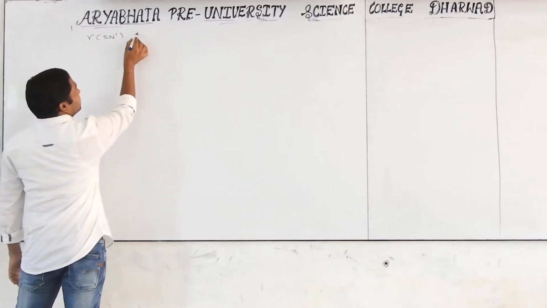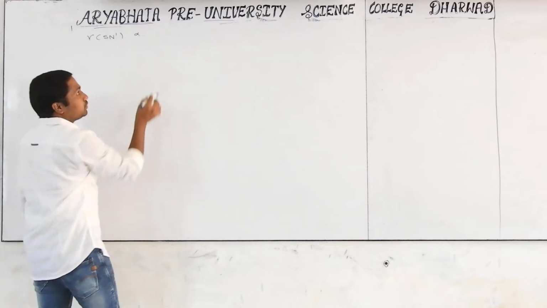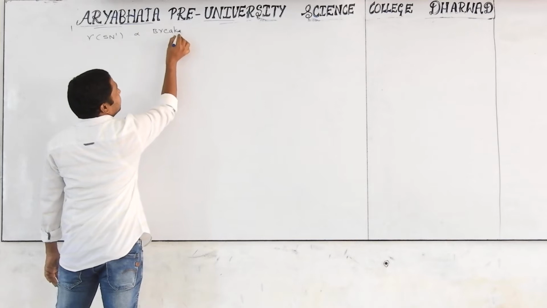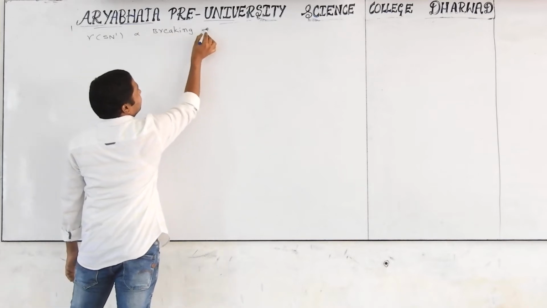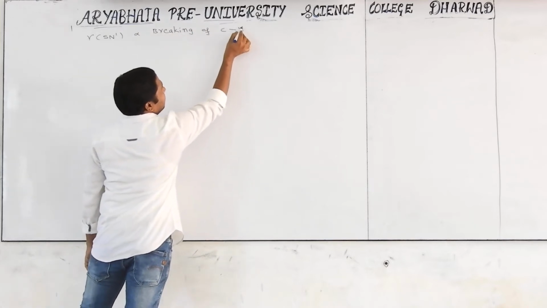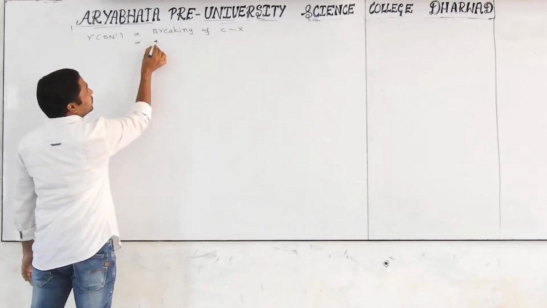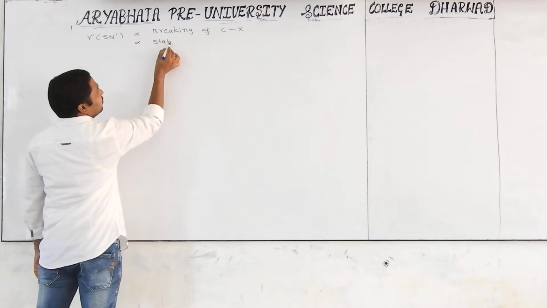The rate of SN1 reaction is directly proportional to breaking of the carbon and halogen bond, and is directly proportional to stability of carbocation.